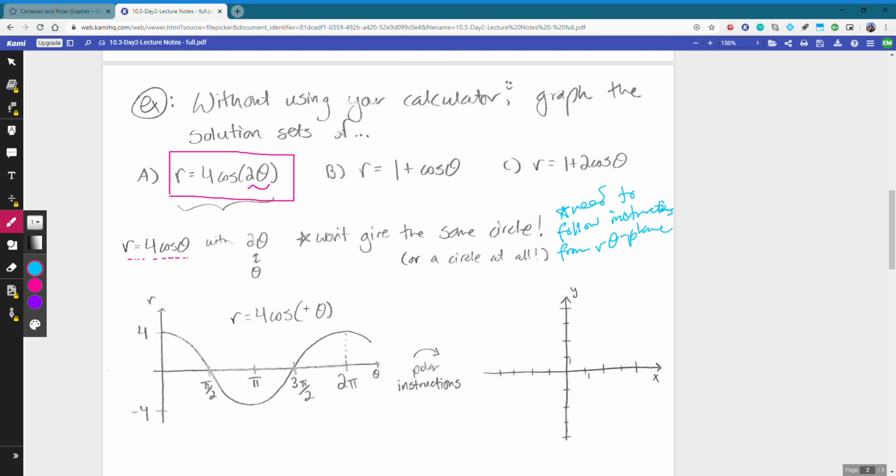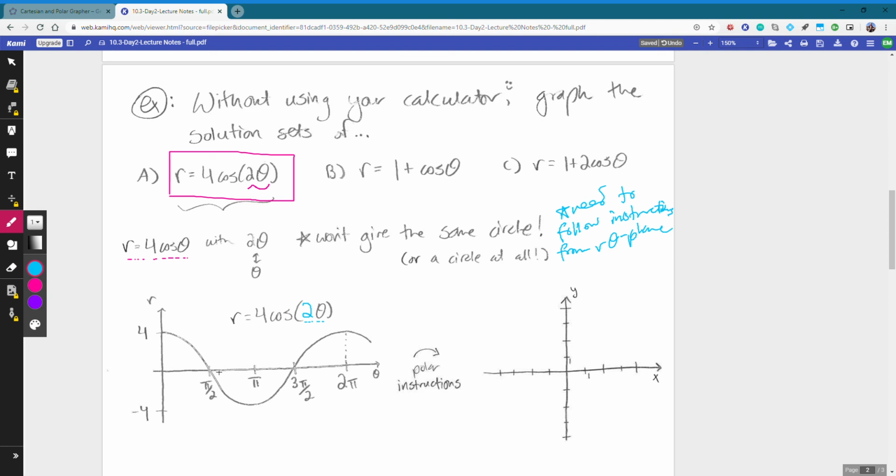If we want to now get the graph of 4 cosine 2 theta, since we're multiplying this theta by 2, we're going to get to these horizontal tick marks twice as fast.